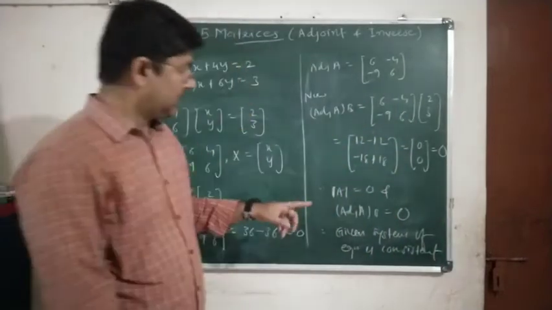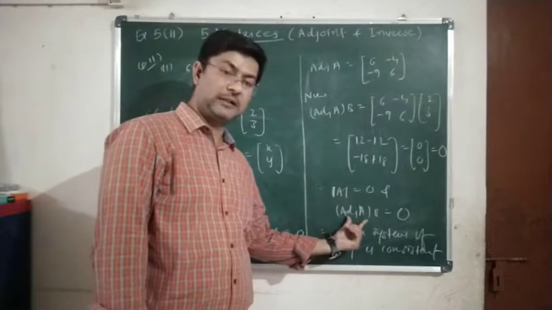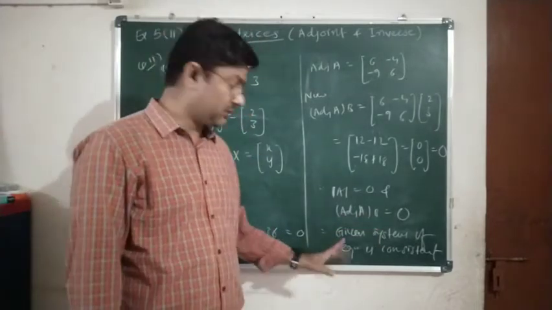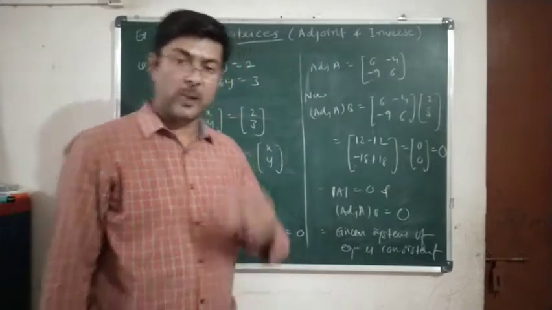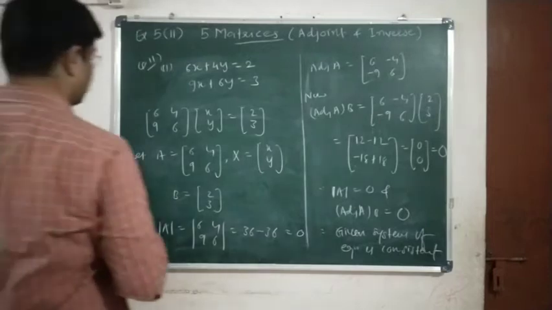If both these things happen, that is the determinant of A is 0 and the product adjoint of A into B is also a null matrix, then we can say that the given system of equations is consistent and has infinitely many solutions.